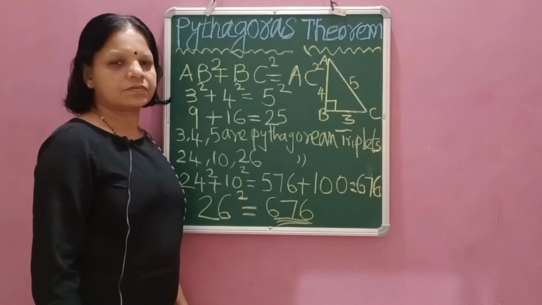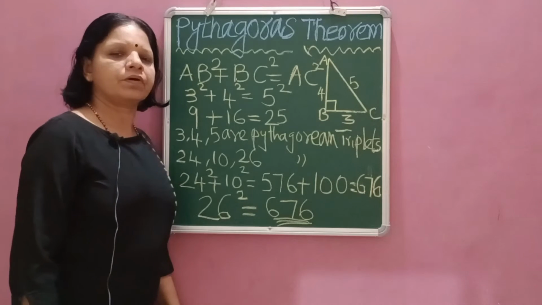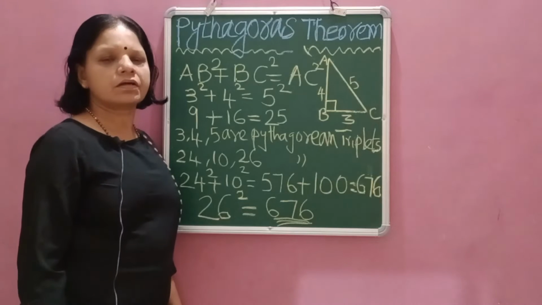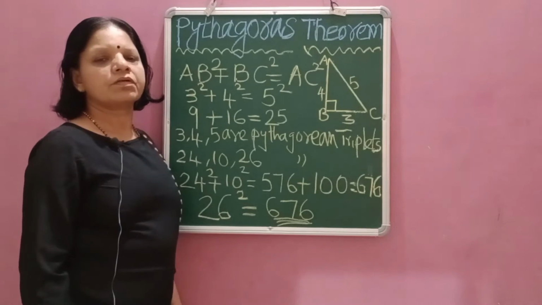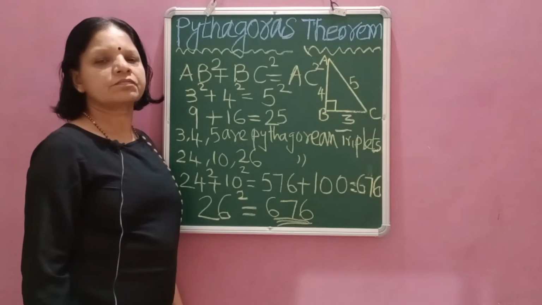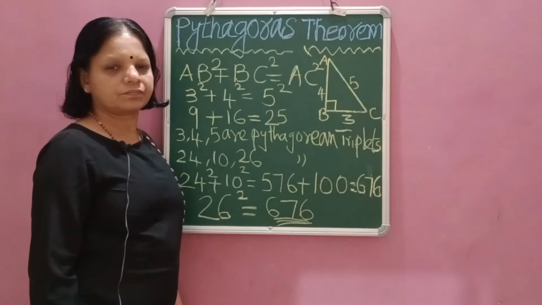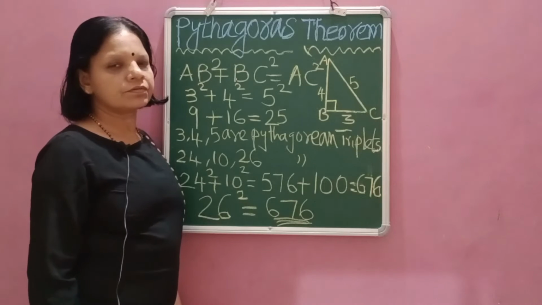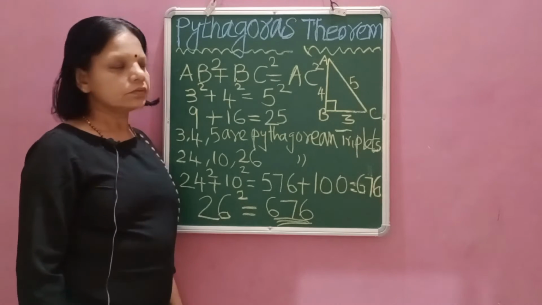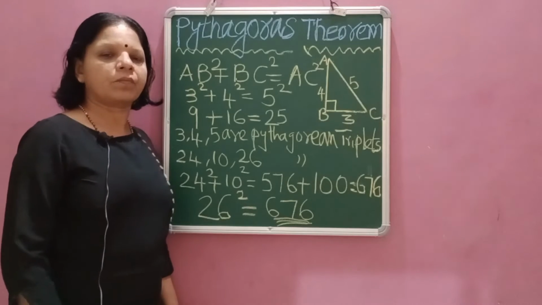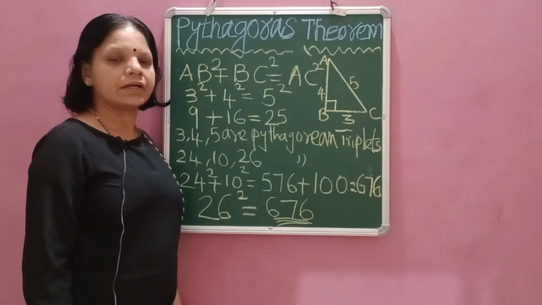In other words, square of the hypotenuse of a right angle triangle is equal to sum of the squares of its perpendicular sides. The hypotenuse is only for right angle triangle. The theorem is only for, the property is only for right angle triangle.